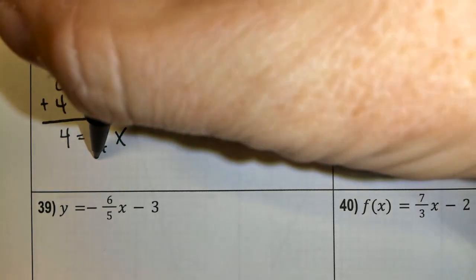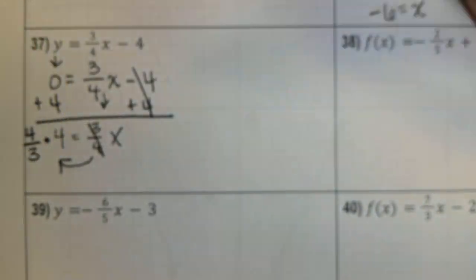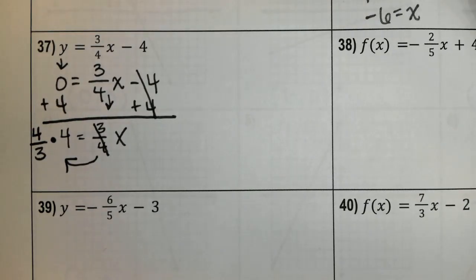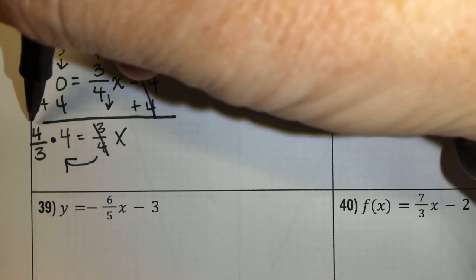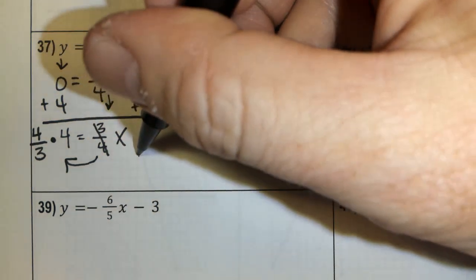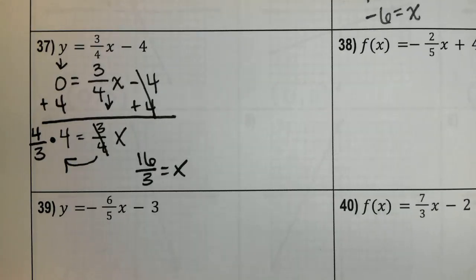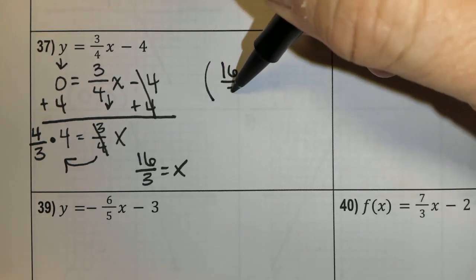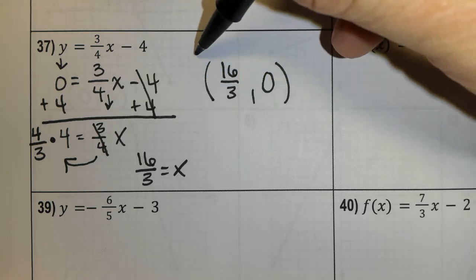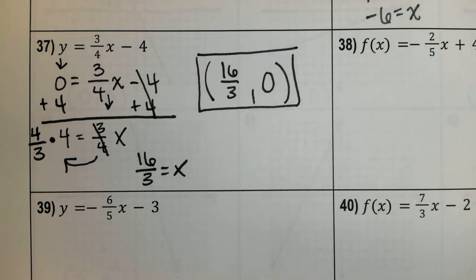Now, my coefficient is a fraction, so instead of dividing, I'm going to multiply and flip, because fractions flip when you divide. So now I do 4 times 4 is 16. 16 divided by 3 I cannot do, so I just have 16/3 equals x. And I write my answer as (16/3, 0), because it's always (x, 0) when we're finding zeros of functions. And that would be all for that one.